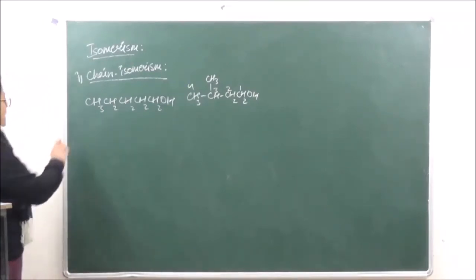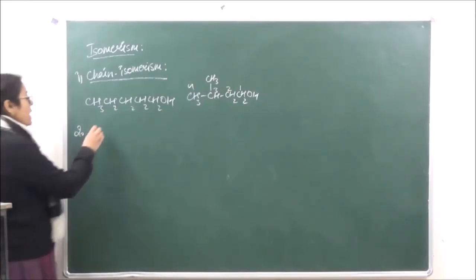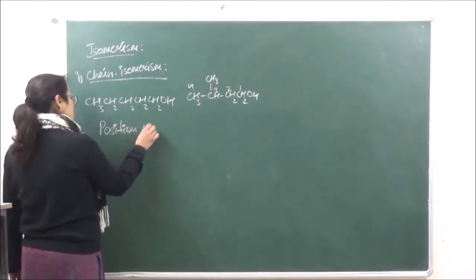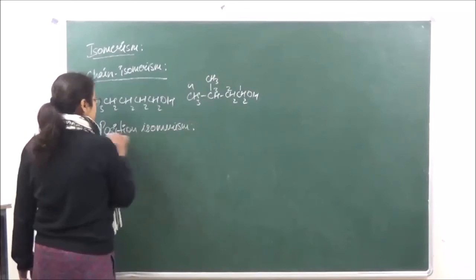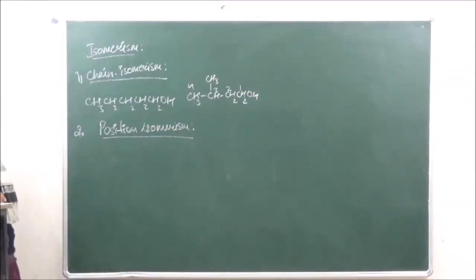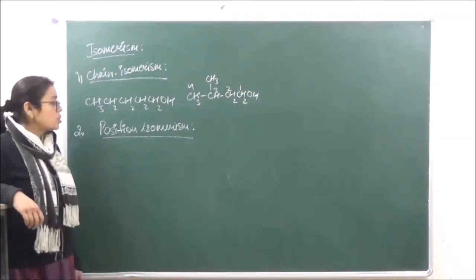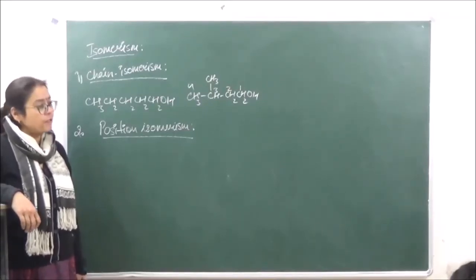The second type of isomerism which alcohols may exhibit is known as position isomerism. Now what is position isomerism? Again in this case the molecular formula is going to be the same, but the position of the OH group is going to be different.